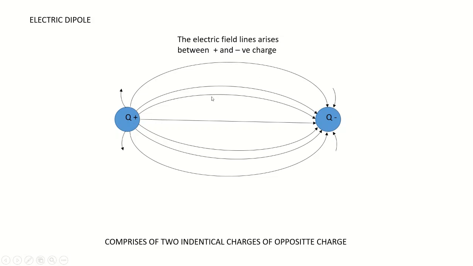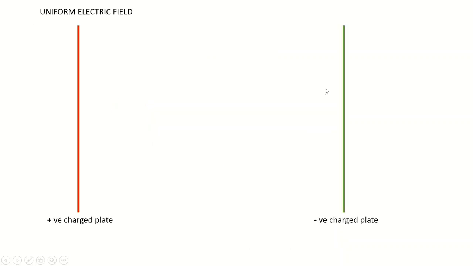Here it has a diverging nature, but it has a converging nature over here. But in the case of a uniform electric field, we are going to obtain a field that is the same throughout the space.